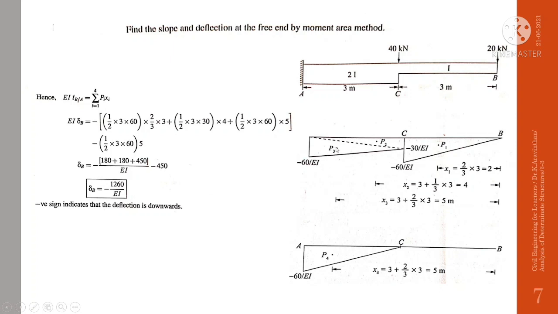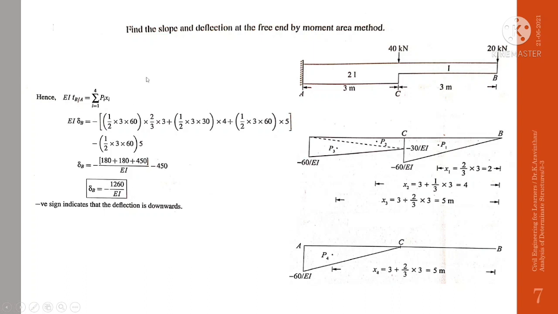And the third centroid is 5 meter, and the area is half into 3 into 60. Next you have the 40 kilonewton load. For this, half into base 3 meter and height 60, that is half BH, into the distance 5. So if you add all the values, you will get 1260.